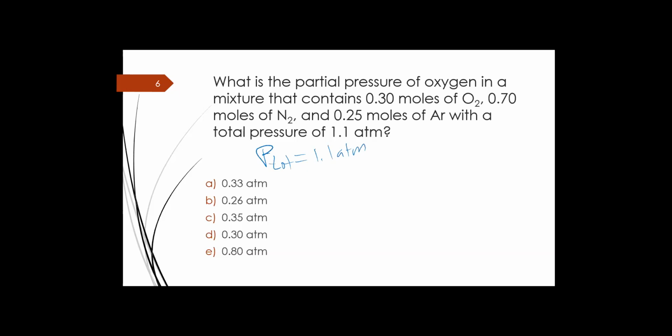Now, from there, we know that 0.30 moles of O2 plus 0.70 moles of N2 and 0.25 moles of Ar is all of that material inside. So if we add them all up, we find out that 1.25 moles gives us that total pressure.